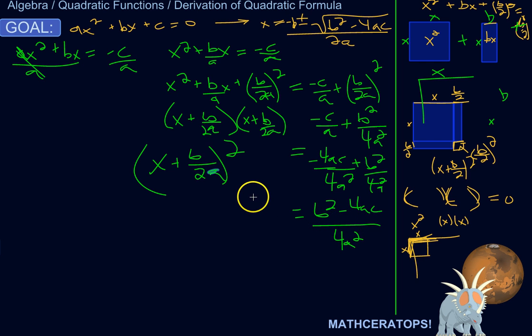Getting close. So we want to solve for x. So square root both sides.